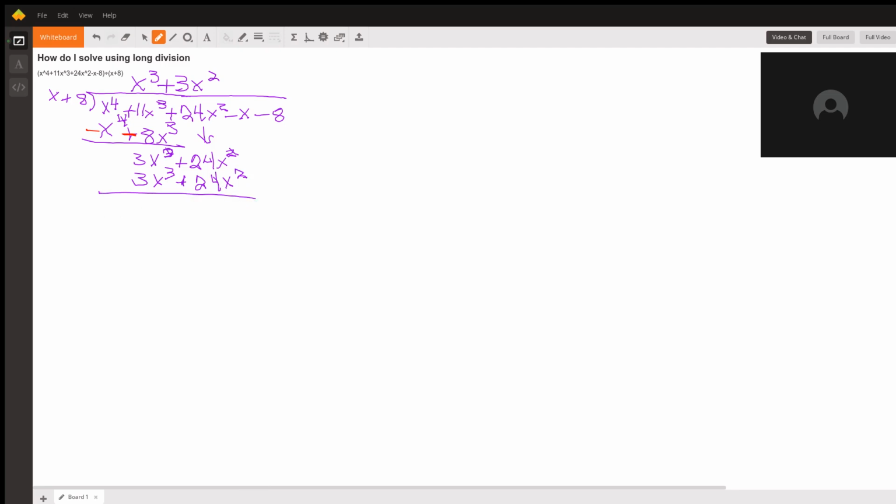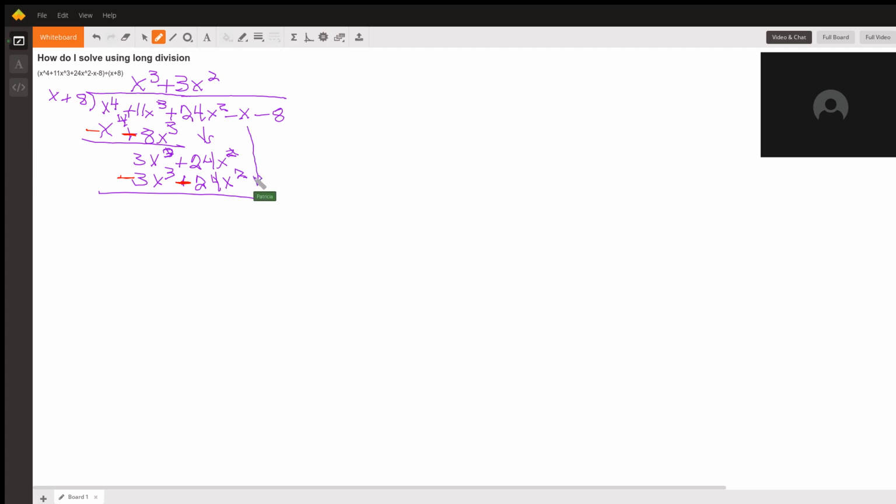Now again, you need to go ahead and change the signs so they both become negatives, and that allows us to add. 3x cubed minus 3x cubed is 0, and 24x squared plus a negative 24x squared is also 0.